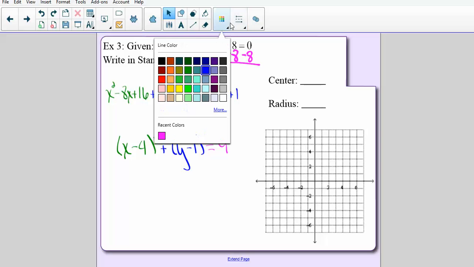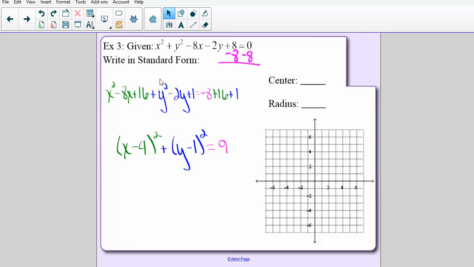So now let's review what our center will be. If this is x minus h, we know that h must be 4. If this is y minus k, then I know k must be a +1. And then if r squared is 9, well, what's the square root of 9? 3.